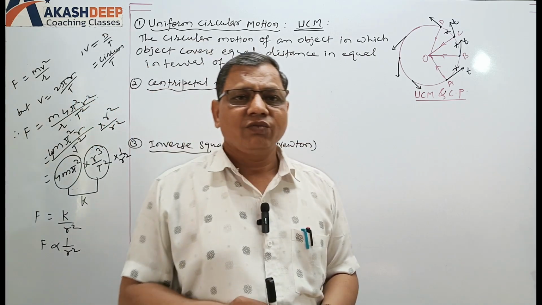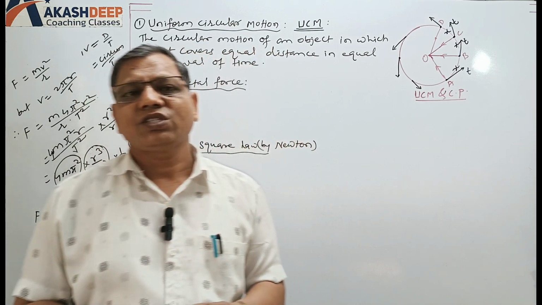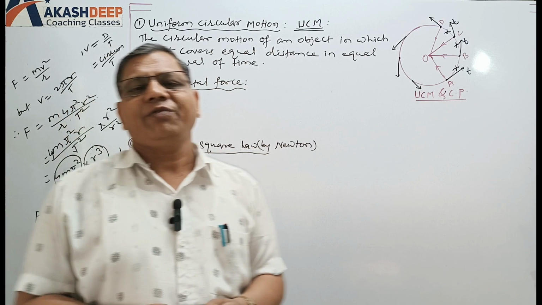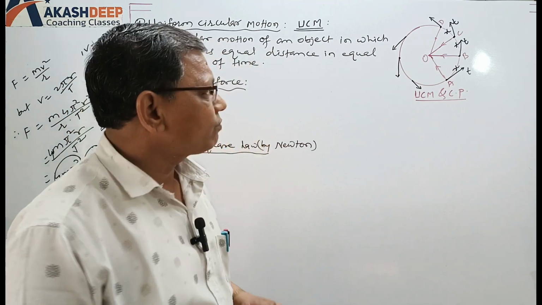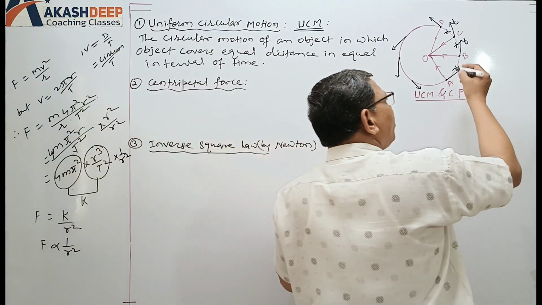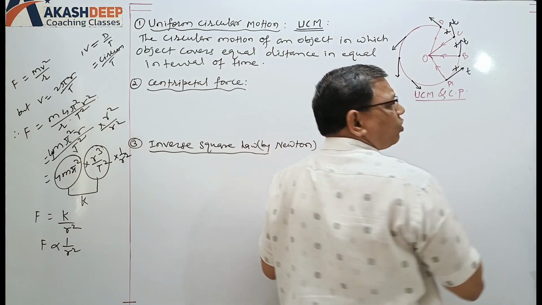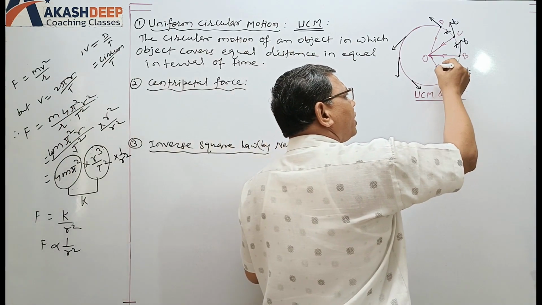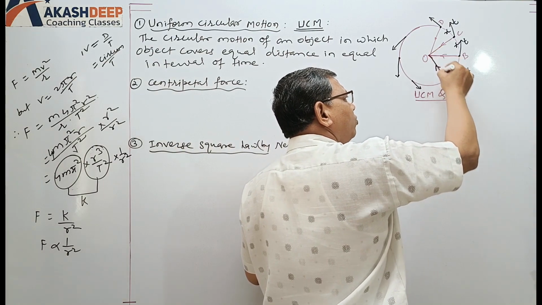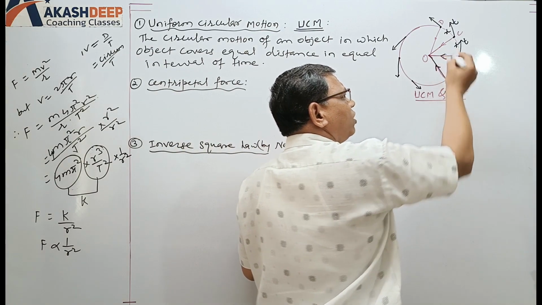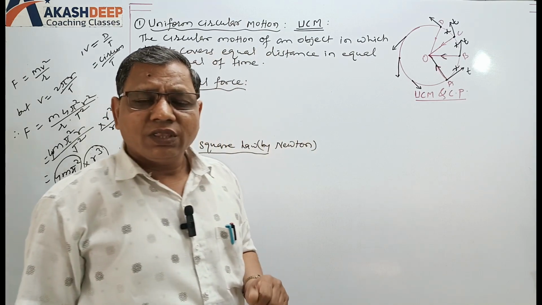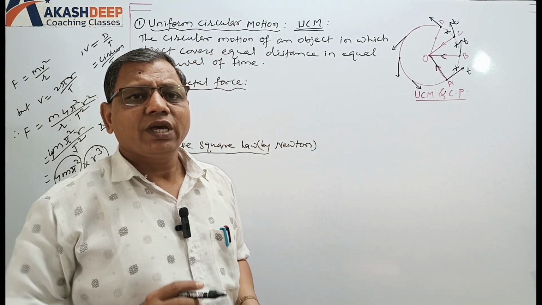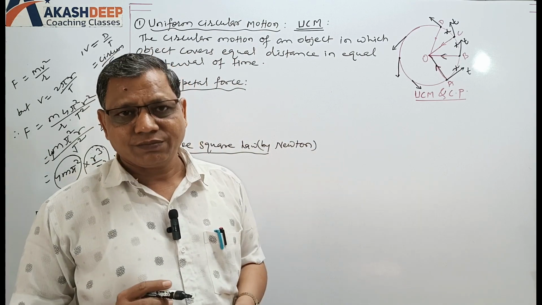This force, which is directed towards the center of the circular path along the radius, that is the centripetal force. Now here, while moving object from one position to another position along the circular path, object is experiencing inward pull. This inward pull or tension, that is nothing but the centripetal force which is experienced by that object.